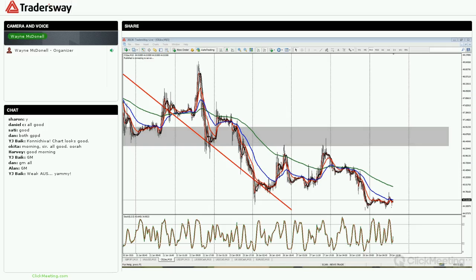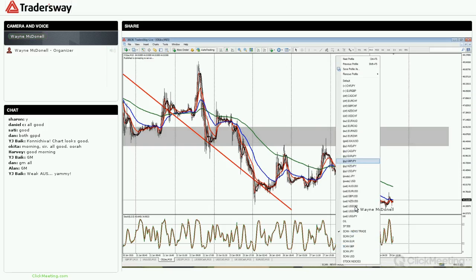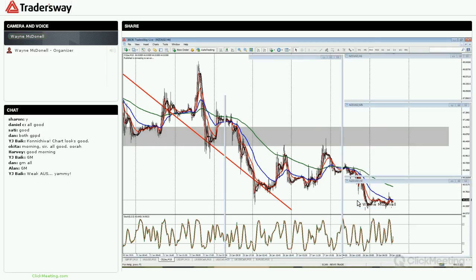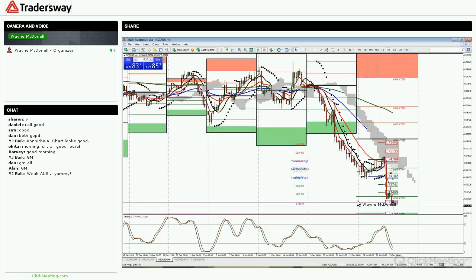All right, left interest rates the same. Still came down, like, I can put that chart up. Kiwi dollar. YJ says weak Aussie. Sure, it's all the same.